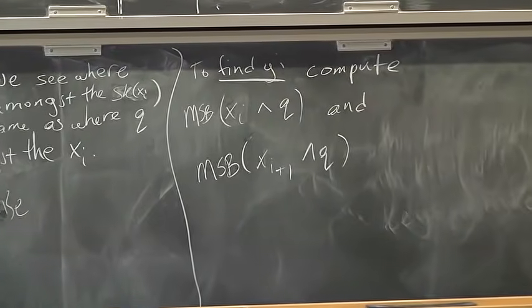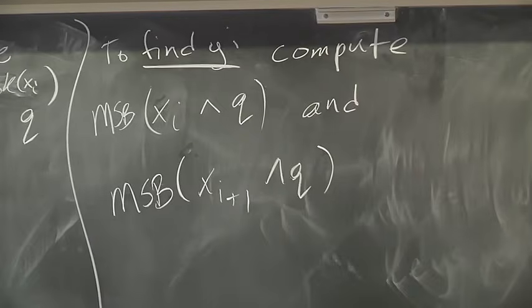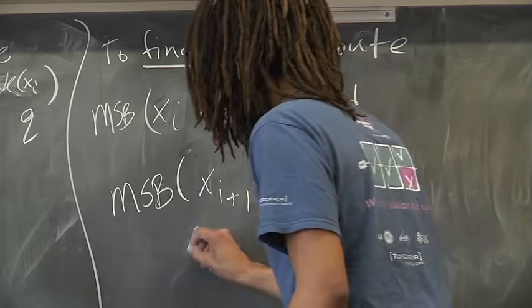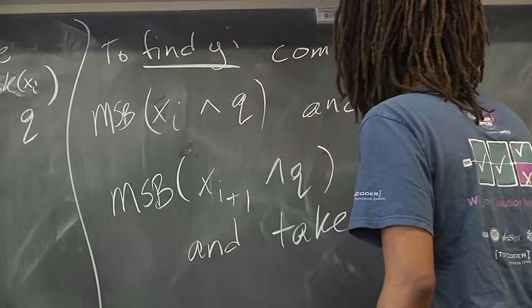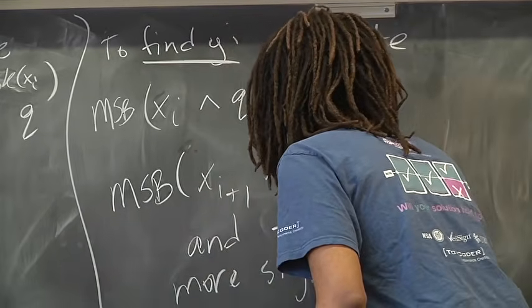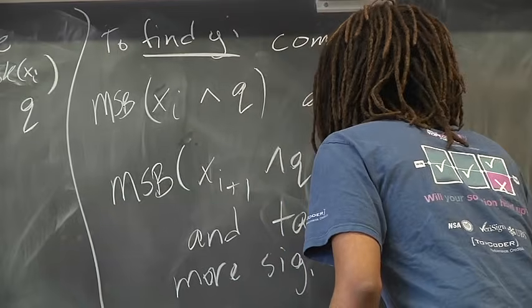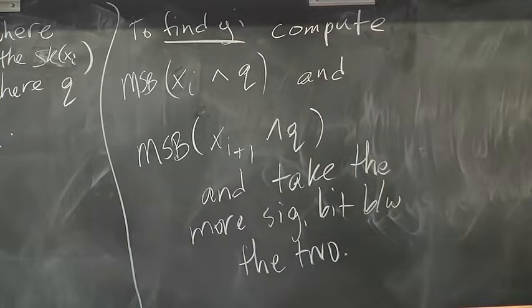And then just take the more significant of the two. That would tell you the first time you fall off between the two. Here we're just using the fact that bitwise XOR tells you which bits are different, right?